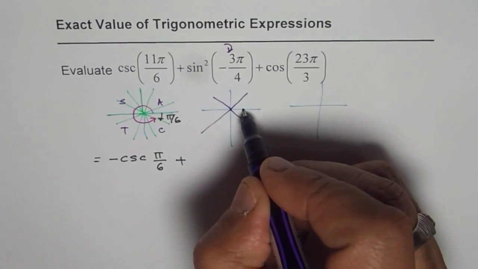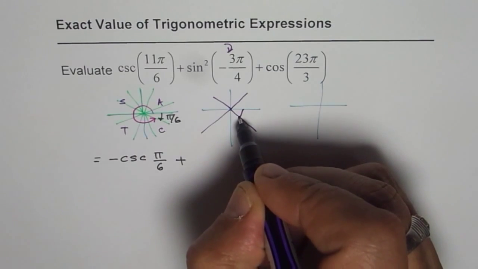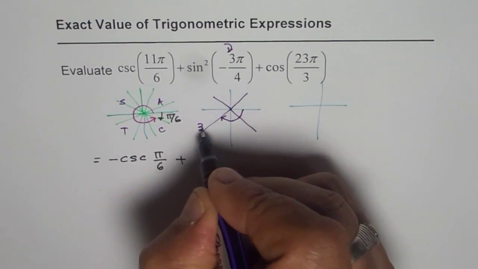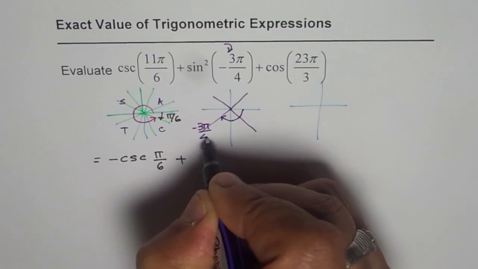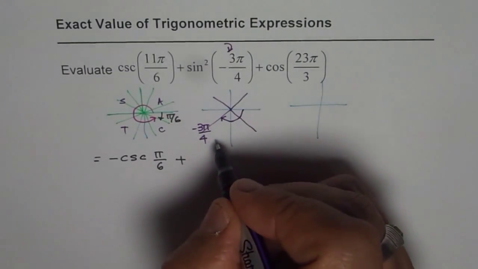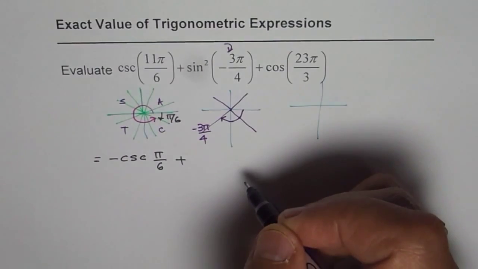Minus 3 means from here 1, 2, and 3. So that is minus 3 pi by 4. You are in quadrant 3.